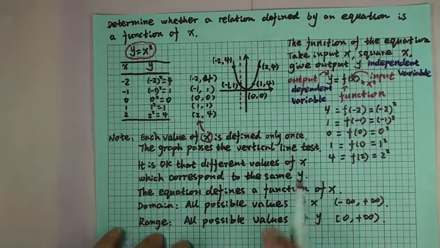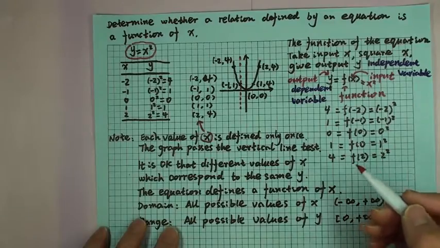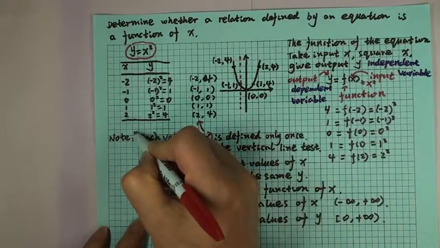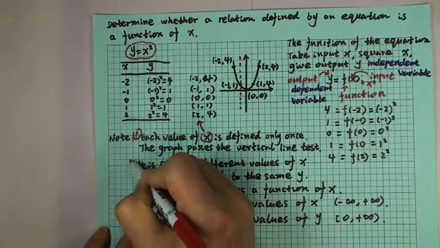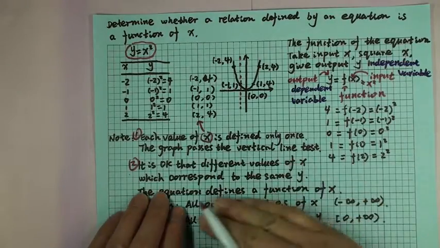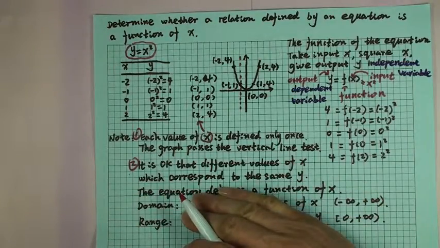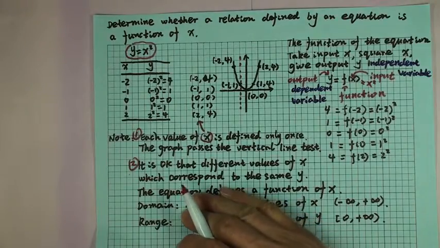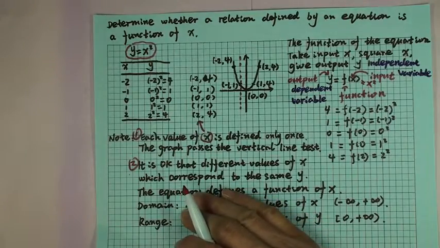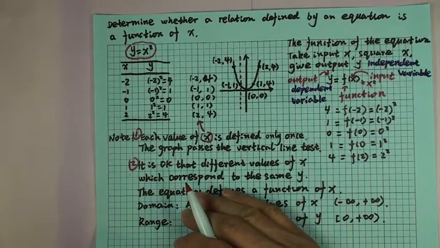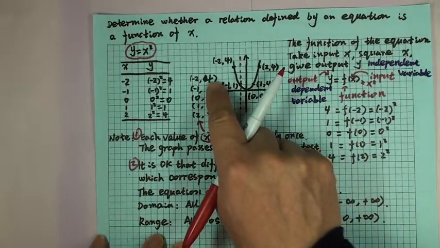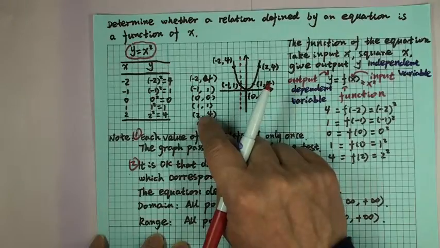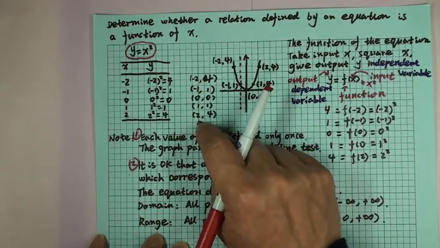So that's an important thing. Some of you probably already noticed that for the right side here, for the same value y, you see 4, 4, they have different values for x.